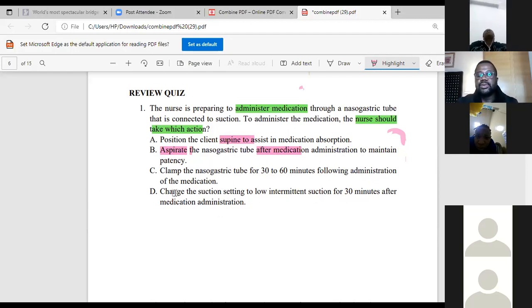You have to understand the question, then you can be able to get the answer. They said the nurse is preparing to administer medication through a nasogastric tube that is connected to suction. To administer the medication, the nurse should take which action? Who can try that one?